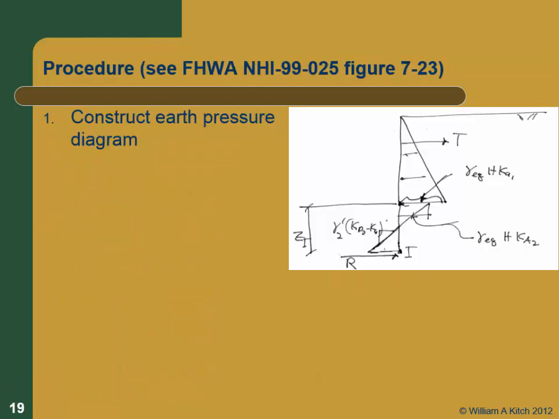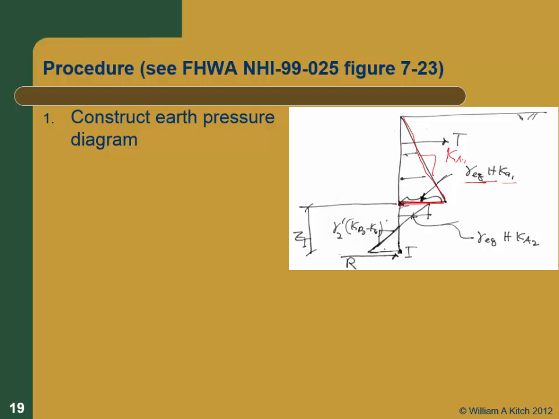So here's a procedure, and this one comes out of your FHWA manual. The procedure is also in the other design manuals I gave you. So first you're going to construct your earth pressure diagram. At the top, this is going to be in the slope of Ka1, and the value at the base is going to be your gamma equivalent times h times Ka1.